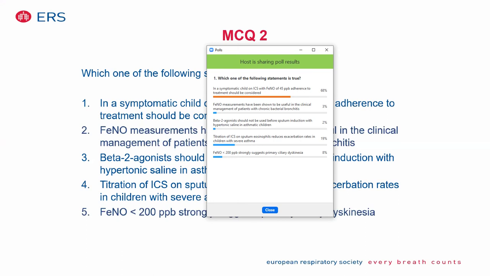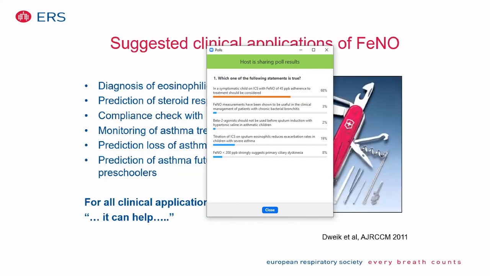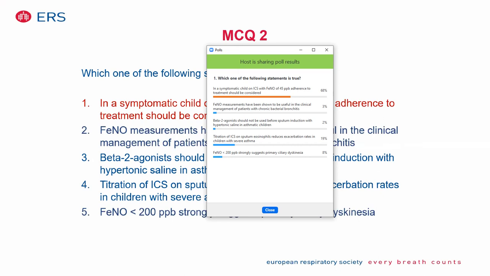So most of the people have voted for number 1, and that's absolutely correct. Number 2, FeNO measurements have been shown to be useful in the clinical management of patients with chronic bacterial bronchitis. No, that's not correct, because it's a neutrophilic inflammation. Beta-2 agonists should be used before sputum induction with hypertonic saline, because hypertonic saline can produce bronchoconstriction.